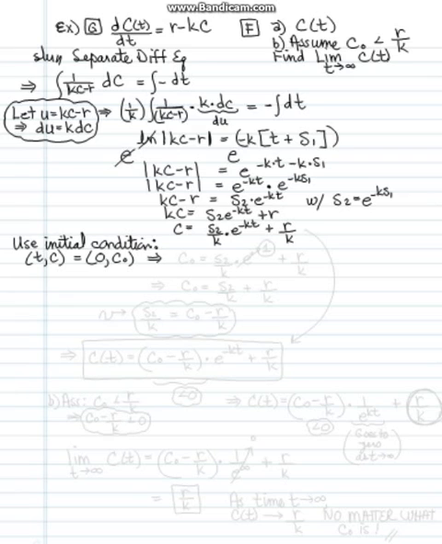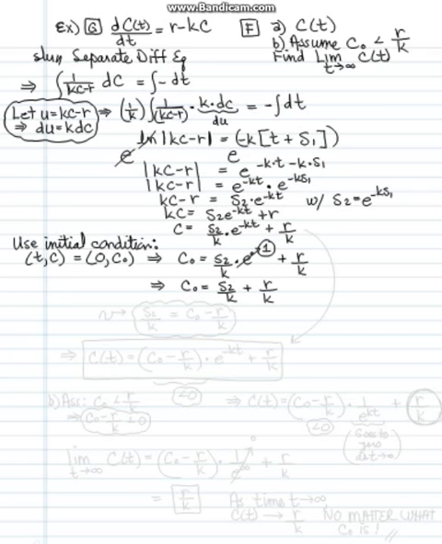And we'll plug that in here, and we'll get C of 0 equals S sub 2 over K times e to the 0, and e to the 0, that's just equal to 1, plus r over k. And that implies that C sub 0 is equal to S sub 2 over k plus r over k.